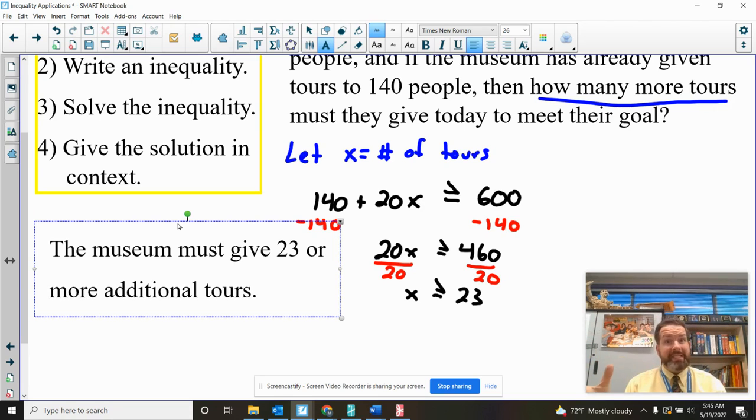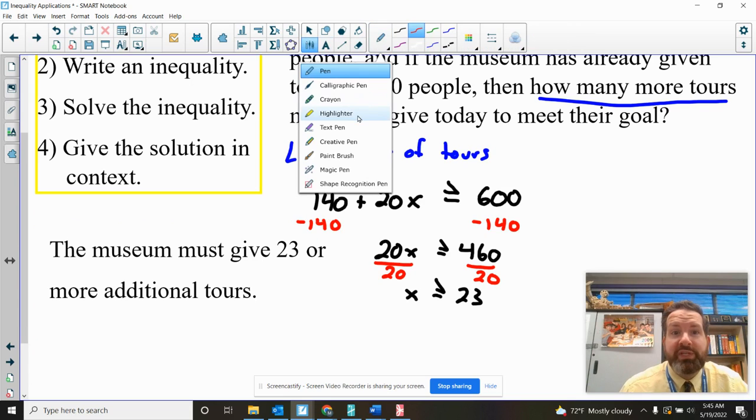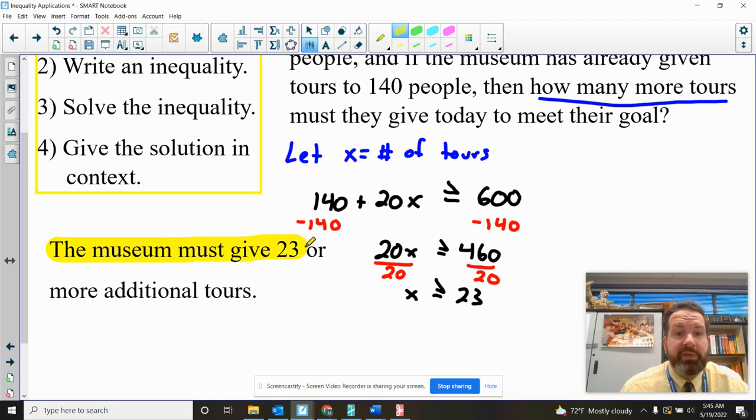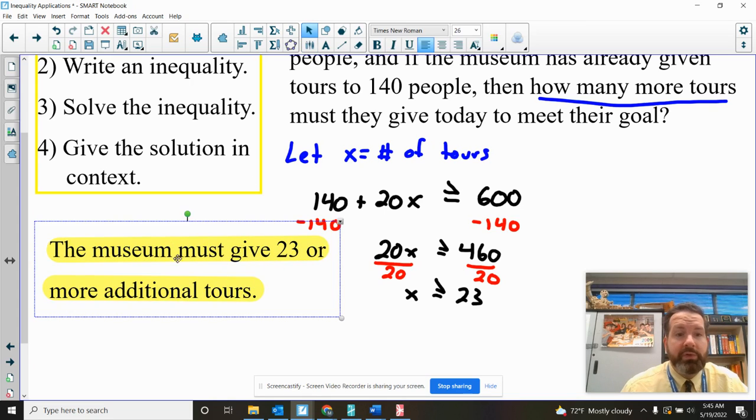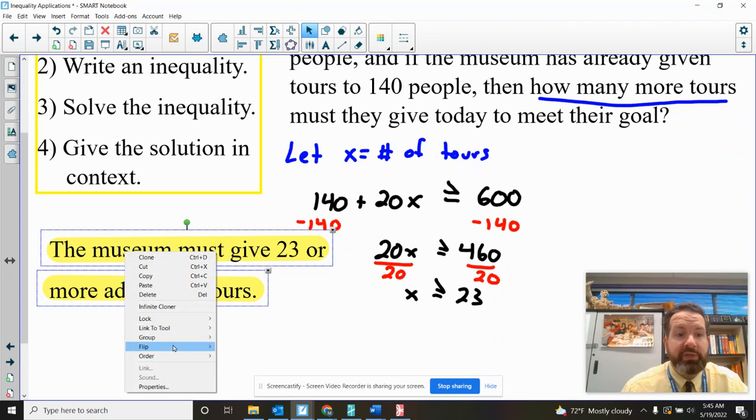So you have some choices. Just make sure that you are explaining that 23 is okay or any number higher than 23 is okay. So there's our solution in context. It refers to the tours and the museum. It's written in words. People reading this can understand what we're saying, so we are in good shape.